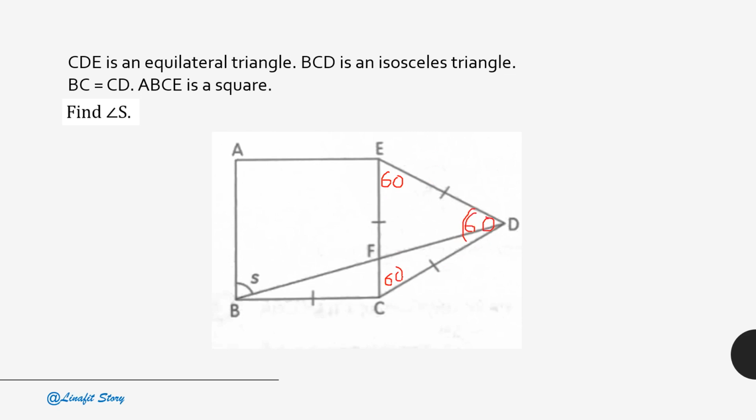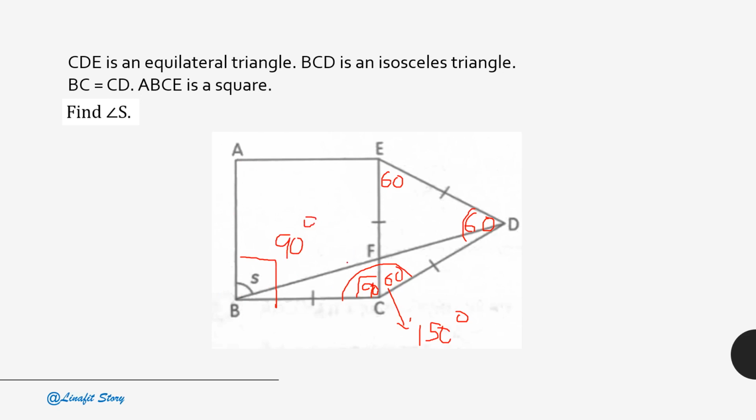And then, how to get the angle of BCD? This is a square. So don't forget, over here, this is 90 degrees. Then to get the angle of BCD is 90 plus 60 equals 150 degrees. And then don't forget, this is a square. So ABC is 90 degrees.